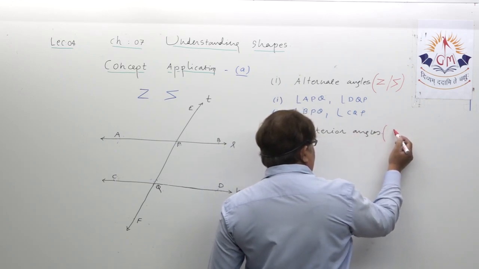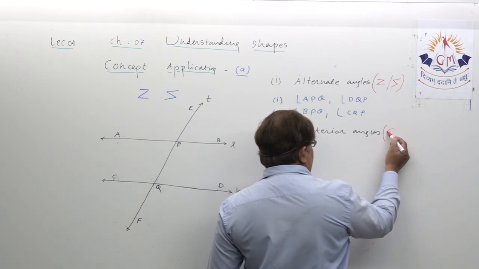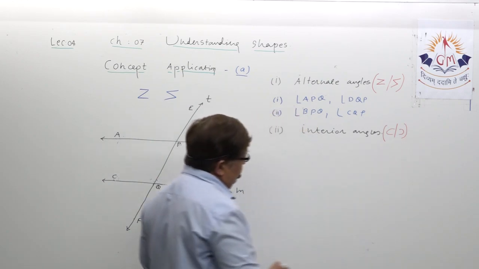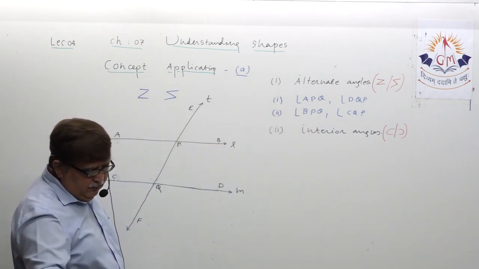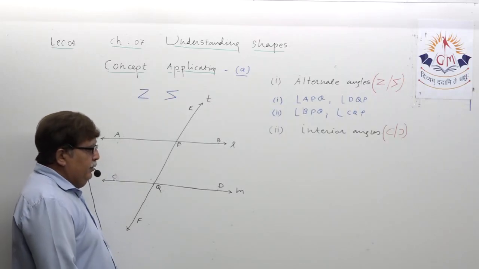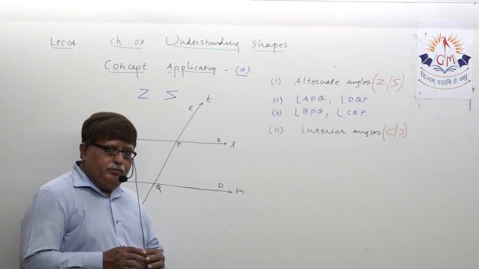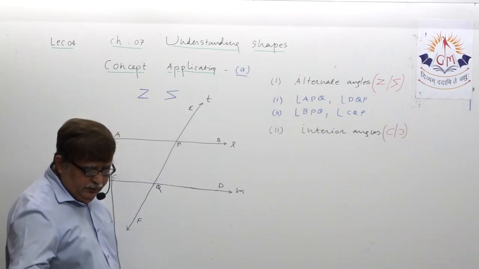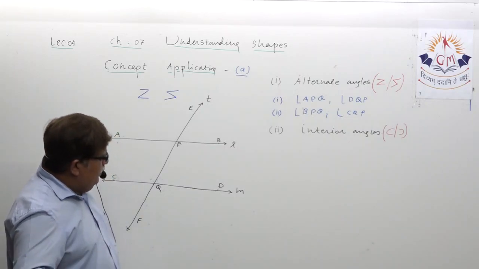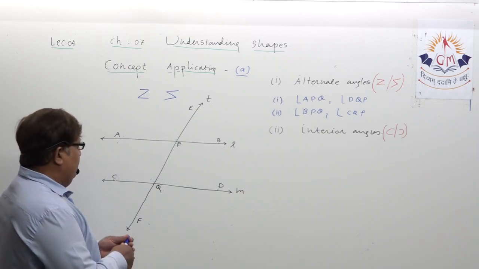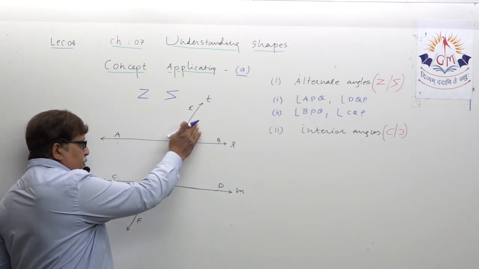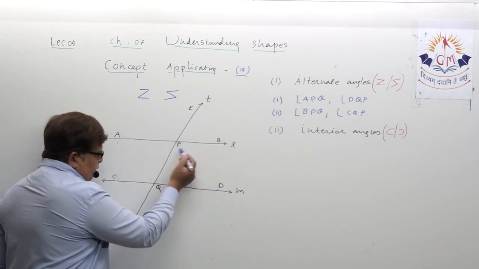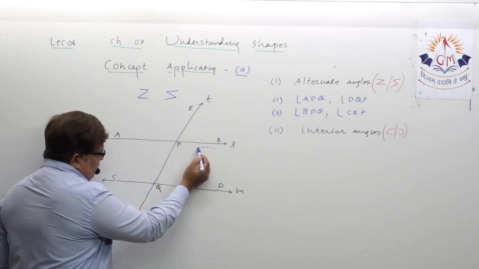This is what you have to think: this formation, C and inverted C. For finding interior angles, your mindset has to be for the formation of C and inverted C. Can you say me now? Let us find the C shape first. As I told you, you do not have to concentrate here. Your concentration has to be here. Let me first find the C shape. Can you see this?